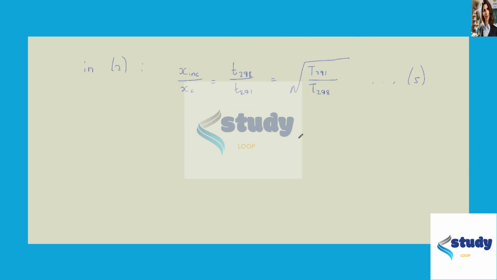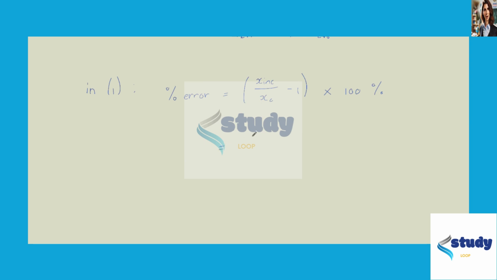So if we take expression 5 and substitute it into our initial expression for the percentage error, we get the percentage error is equal to the ratio x incorrect over x correct, minus 1, times 100%.